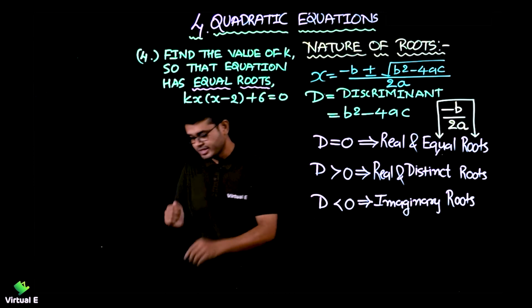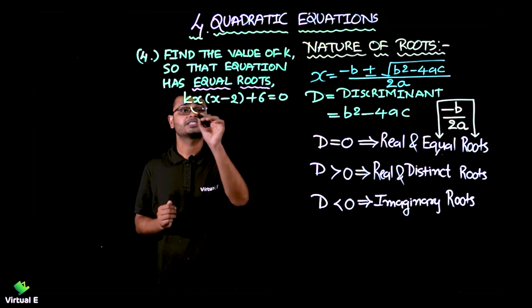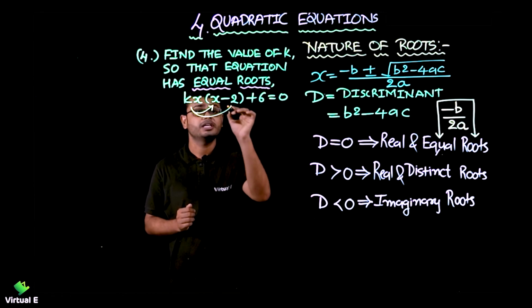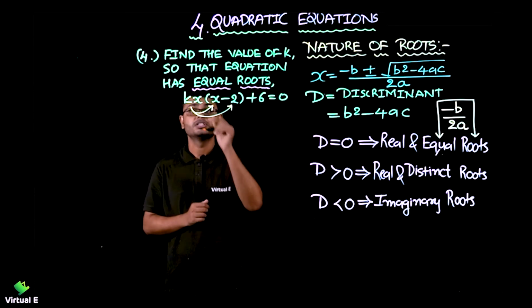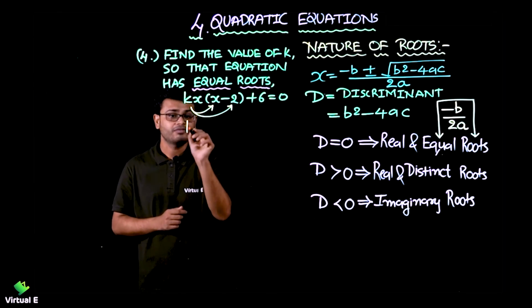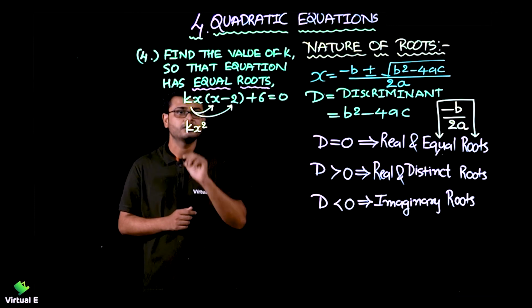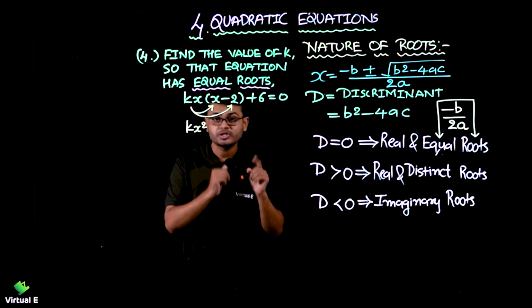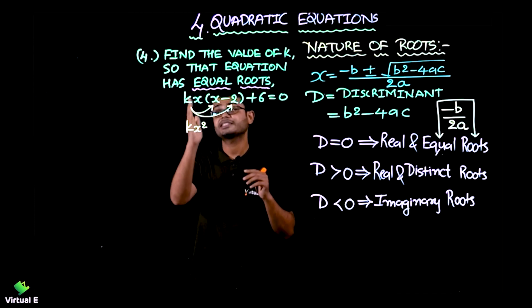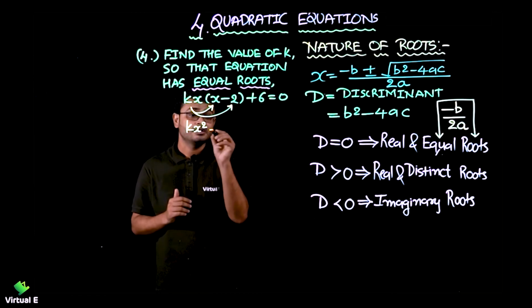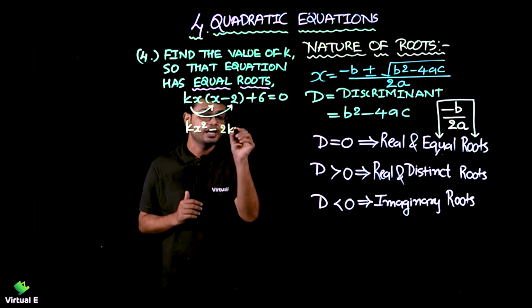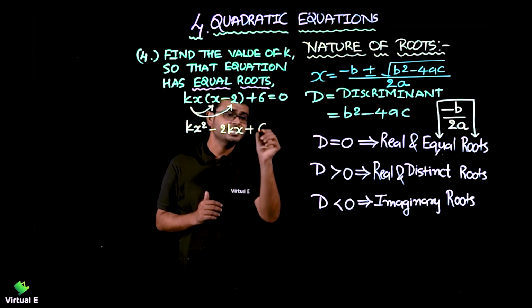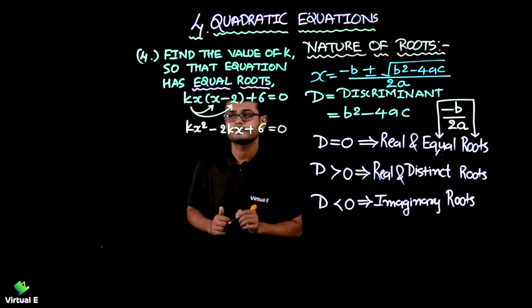Clear? So let's start. This kx I am going to multiply with each term one by one. kx into x will give you kx square. Then kx will be multiplied with 2. Remember, no change of sign, because kx is positive. Here minus 2kx, plus 6 as it is. No need to bother it.